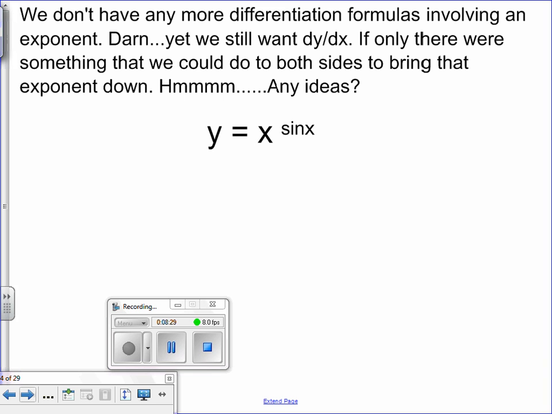All right, here. So here's the thing. We want dy dx, but there's that whole variable in the exponent. I wish there was some way we could get that down. I wonder if I could cut it and paste it down or something, because it's up in the exponent.